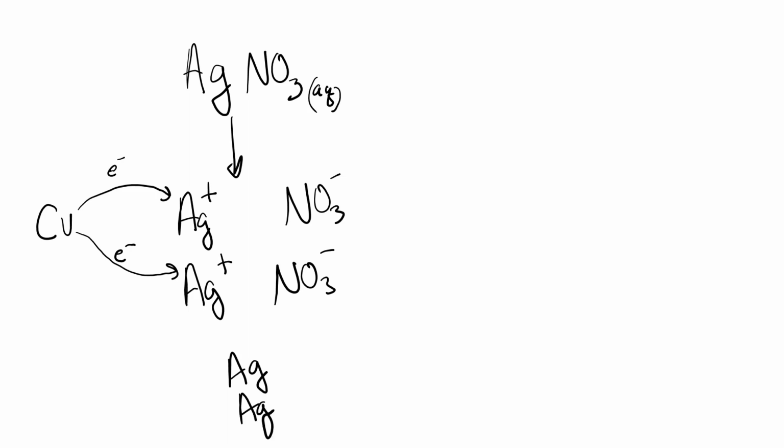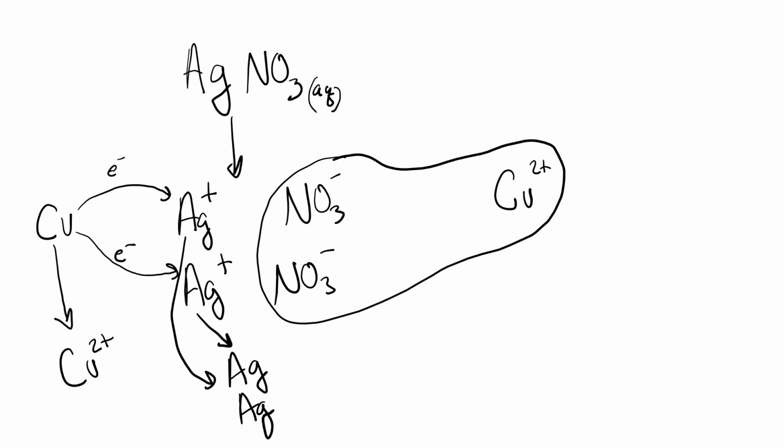Because, right, if we have a negative object and a positive object come together, it becomes neutral, right? Now, copper has lost 2 electrons, so what's the charge on the copper? Copper 2 plus, yep. So, that copper 2 plus and these 2 negative ions come together to make a compound now, which is copper nitrate.